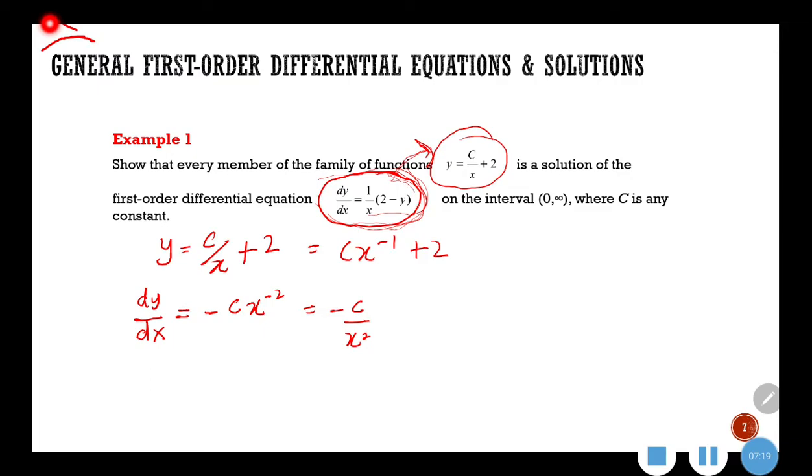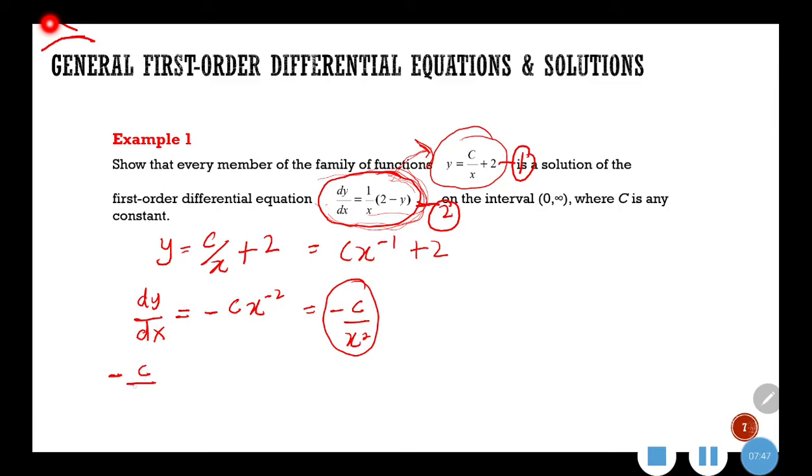But here we have dy over dx equals 1 over x times 2 minus y. So in this equation we have dy over dx, and now we already have dy over dx equals negative c over x squared. Let's say this is equation 2 and this is equation 1. We put this into equation 2.